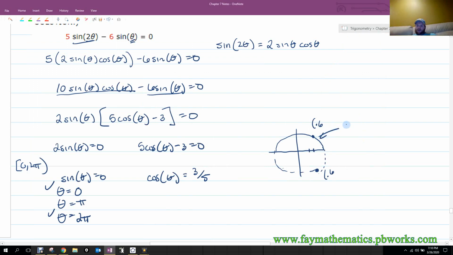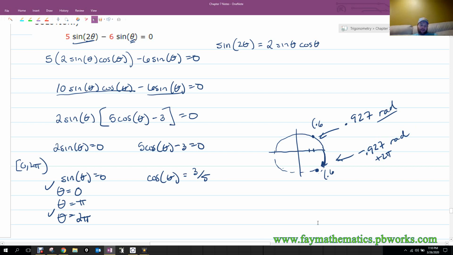So that position there would be 0.927 radians. Now this here would be negative 0.927 radians, but we don't like a negative. So the way that we change that to make it positive is add 2 pi to it.